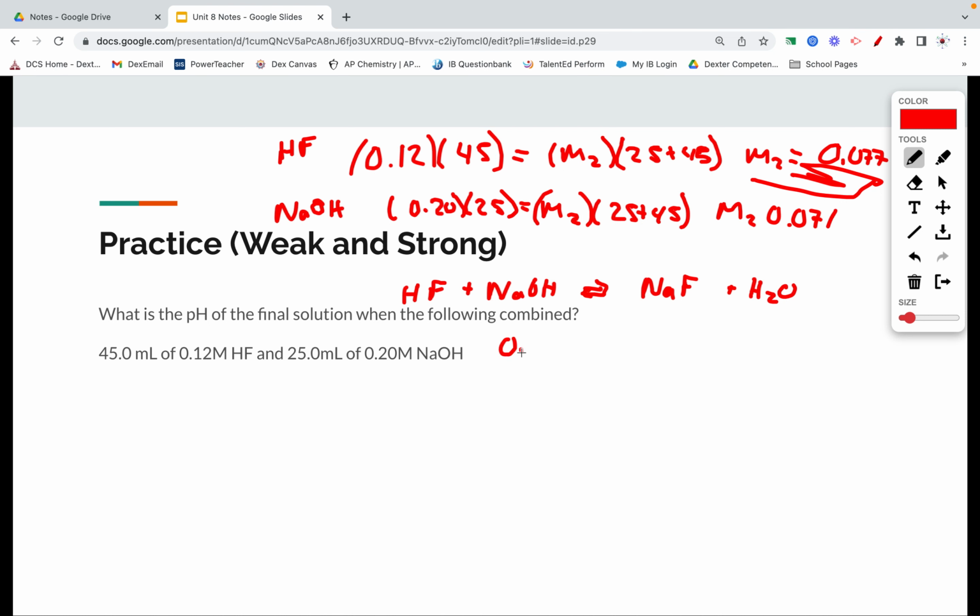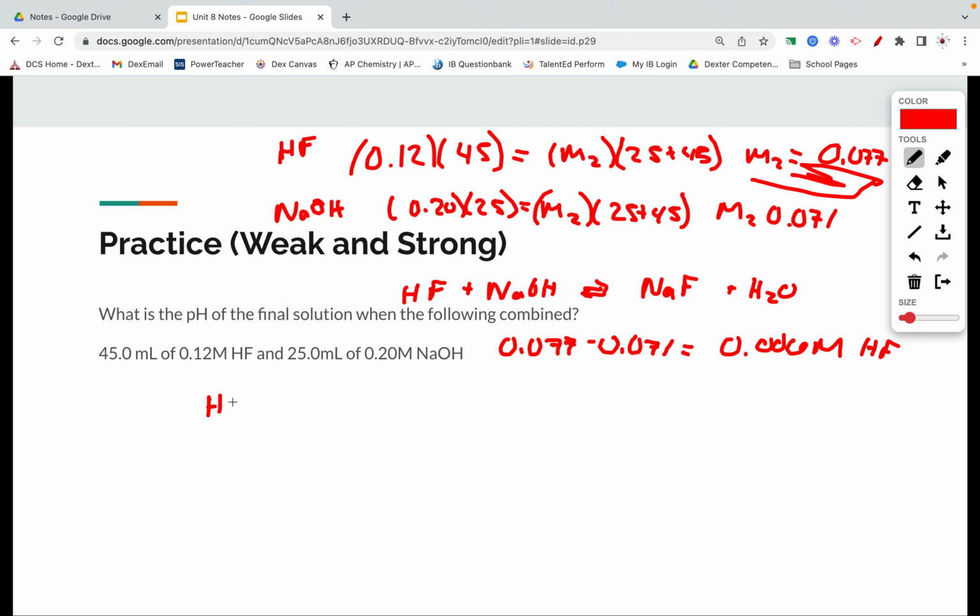So we take 0.077 minus 0.071, and we get 0.006 of hydrofluoric acid. And that is our weak acid. So our equation is going to focus on the acid.